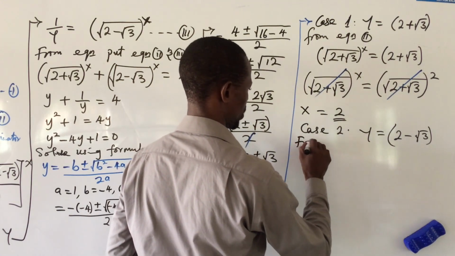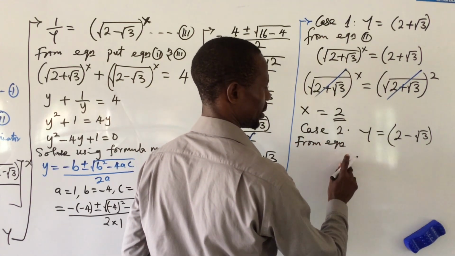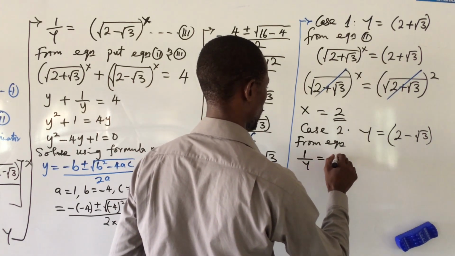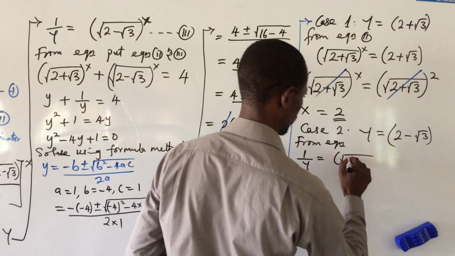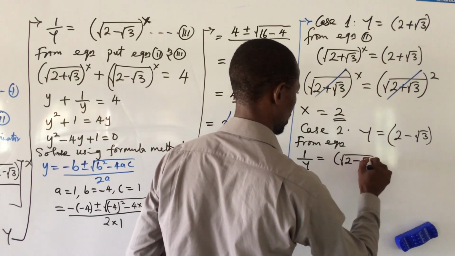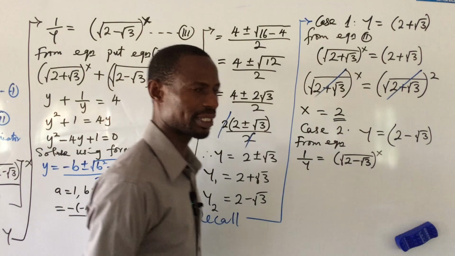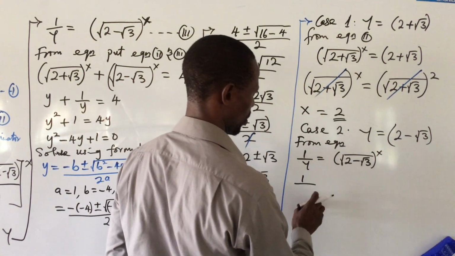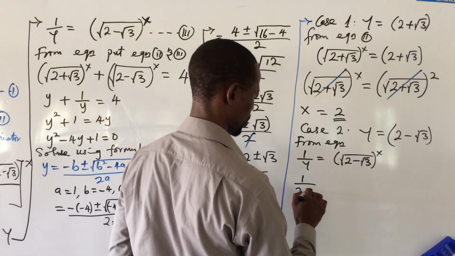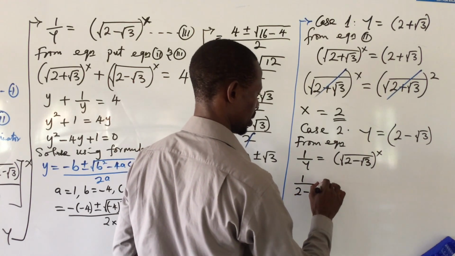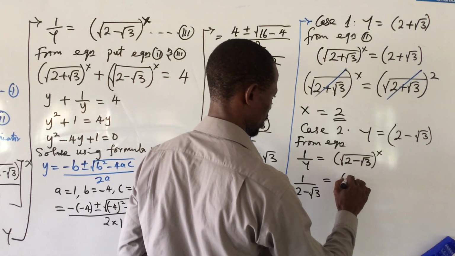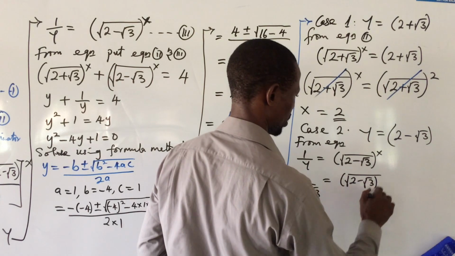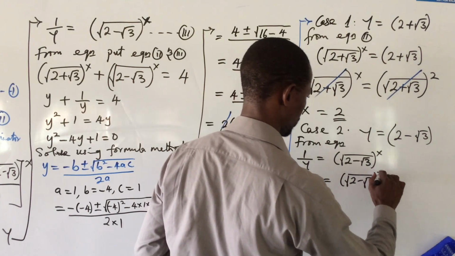From equation 3, it says 1 all over y equal to bracket open, the square root of 2 minus root 3 all to the power of x. So let's equate the two. This will now give us 1 all over 2 minus root 3 equal to bracket, square root of 2 minus root 3, close bracket, all to the power of x.